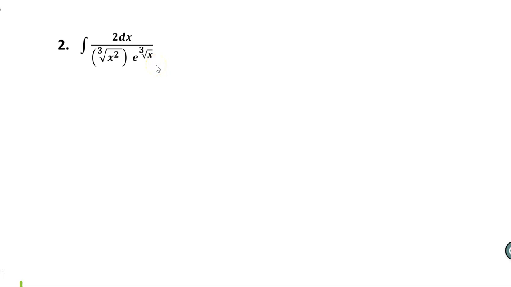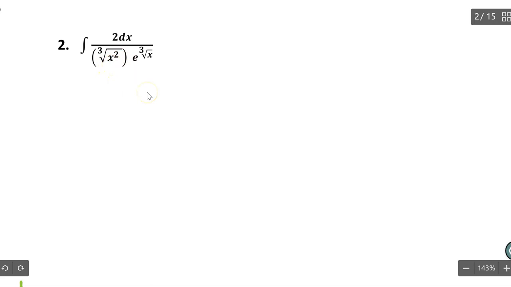When you differentiate that, somehow it will involve this complicated exponent or this radical that they gave you here.